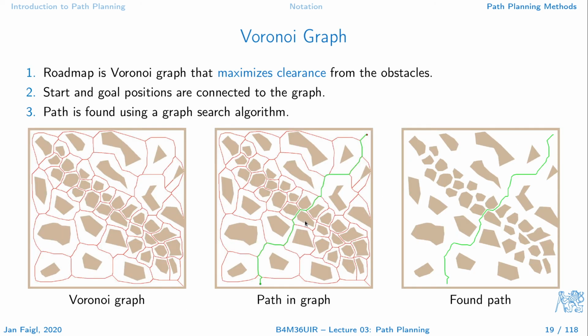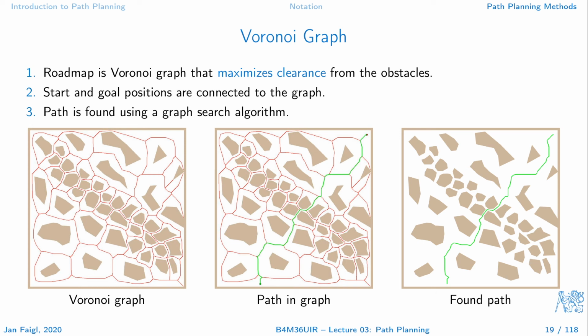The Voronoi graph is another example, and it's a little bit different from the visibility graph, because in the visibility graph we have a shortest path. But we can ask for maximization of the clearance, because the idea is that once the robot is navigating in the middle of the corridor, it will not collide with the walls.